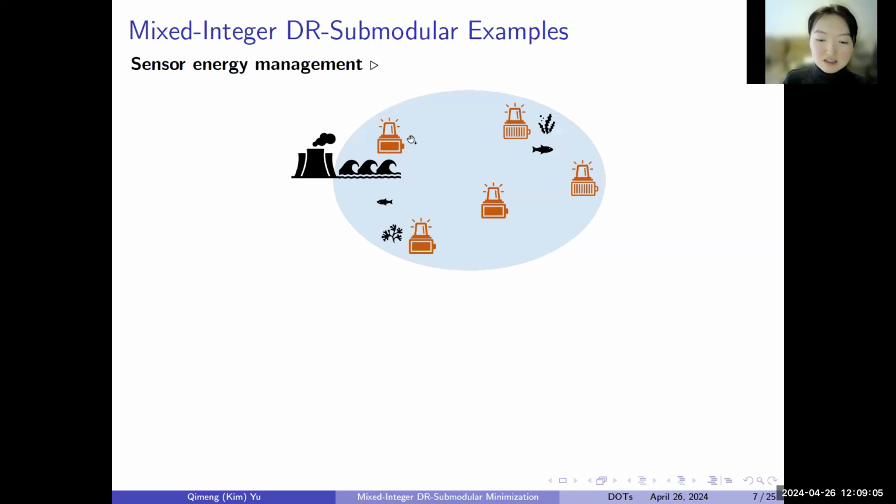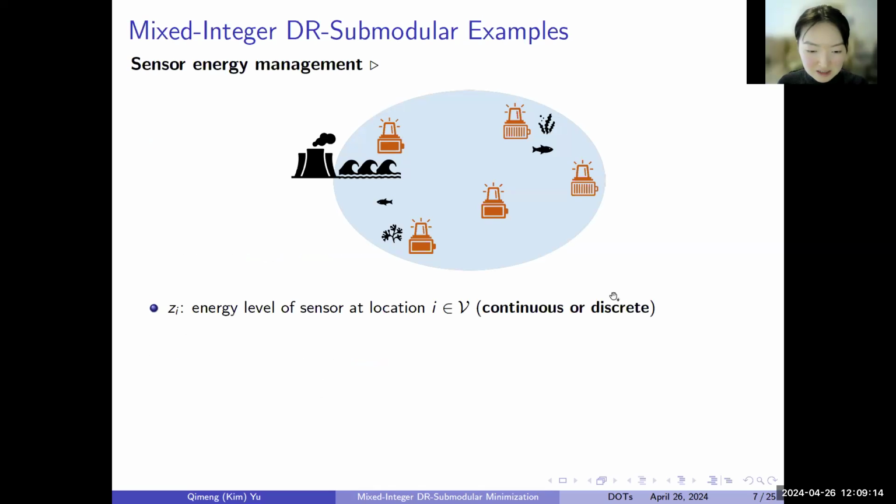Suppose we'd like to monitor the water quality in a lake, and we can do so by deploying some sensors at certain locations. What's special about these sensors is that they have adjustable energy levels, and this is our decision. Depending on the build and models of these sensors, some can have discrete levels, and some can have continuous energy dials. So they are naturally represented by continuous and discrete variables.